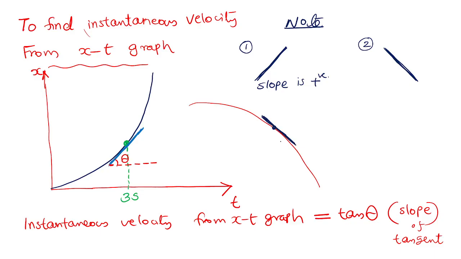In simple language, we can say a downward tangent. In this case, the slope is negative.